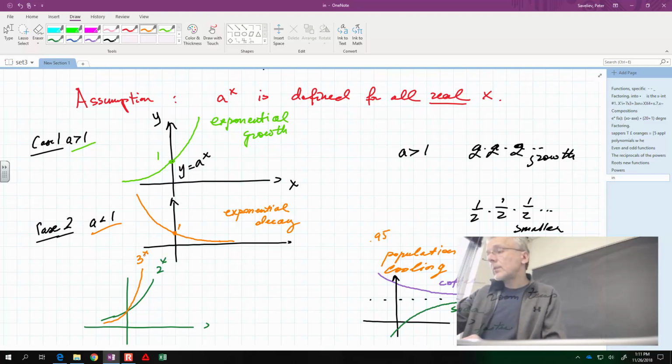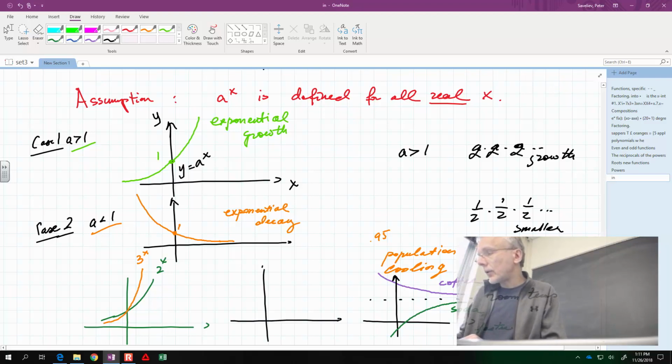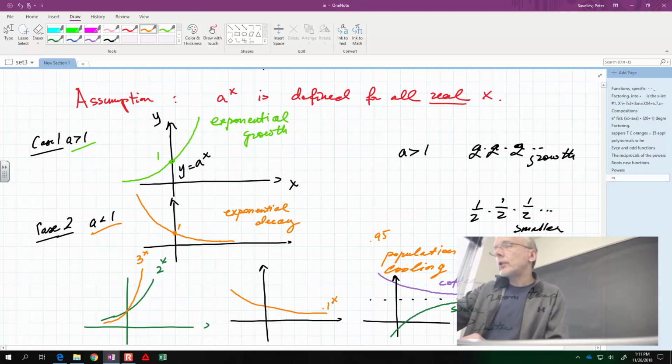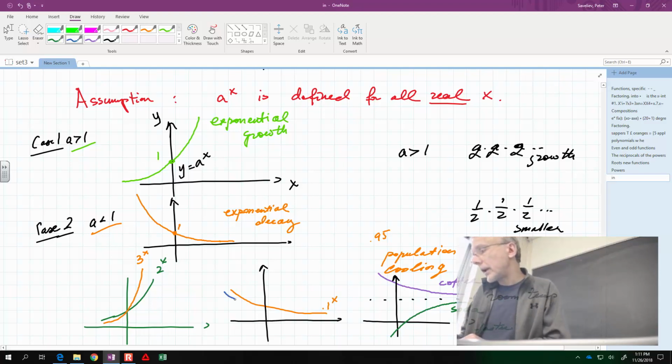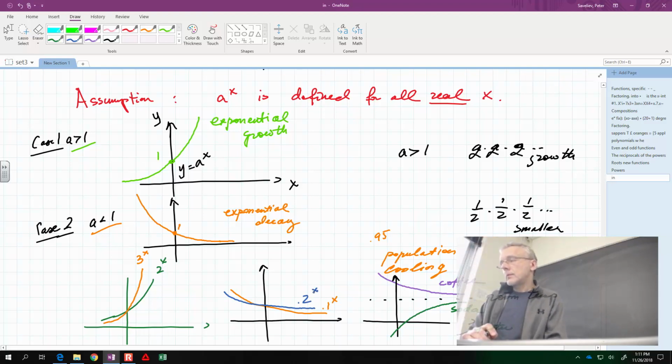Similarly on the decay end, we have similar behavior. So if this is, say, 0.1 to the x, then 0.2 to the x will be declining not as fast, like this. 0.2 to the x.